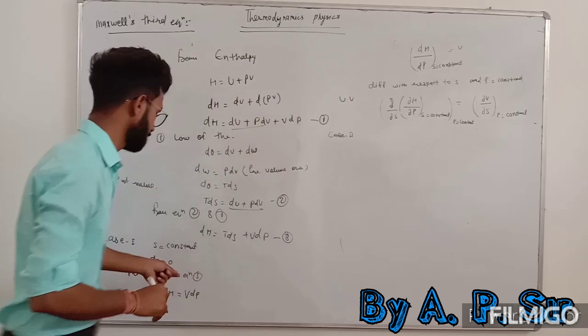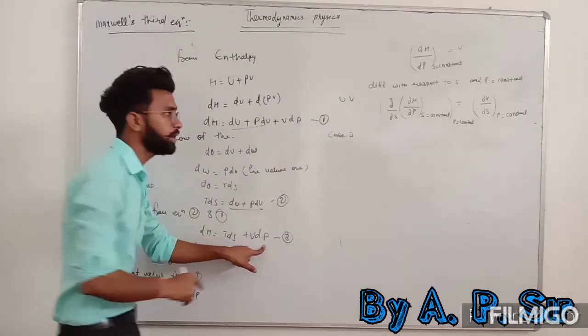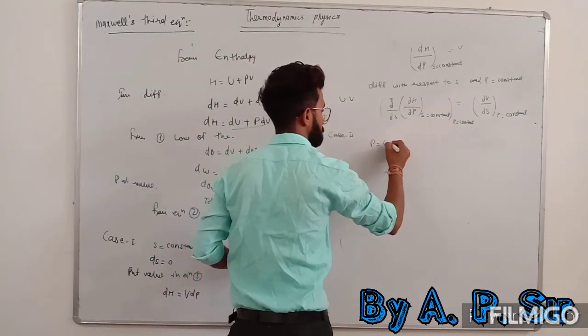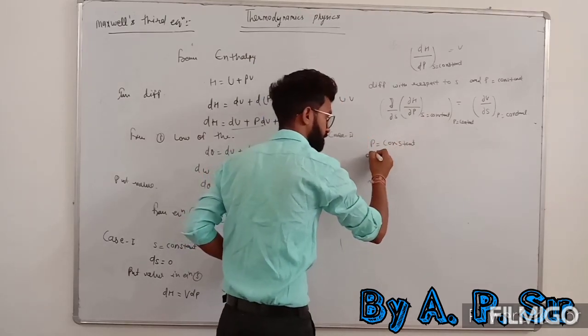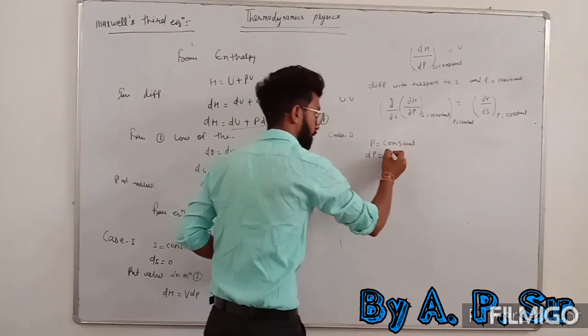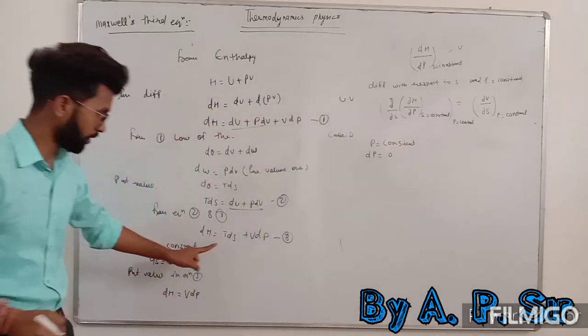The next case second. What is the case second? There the second term P, and P equals constant, then the differential form of P is also equal to 0.